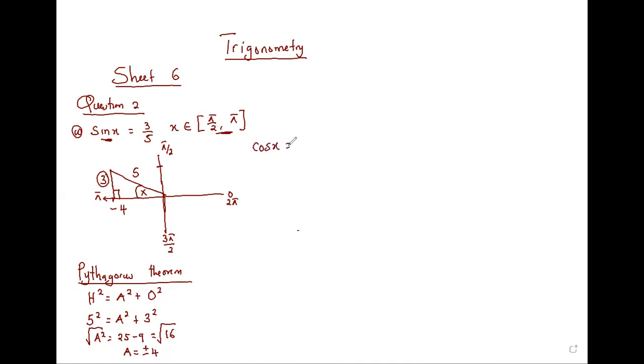Cos x is adjacent over hypotenuse, and x is -4 over 5. Any questions there?